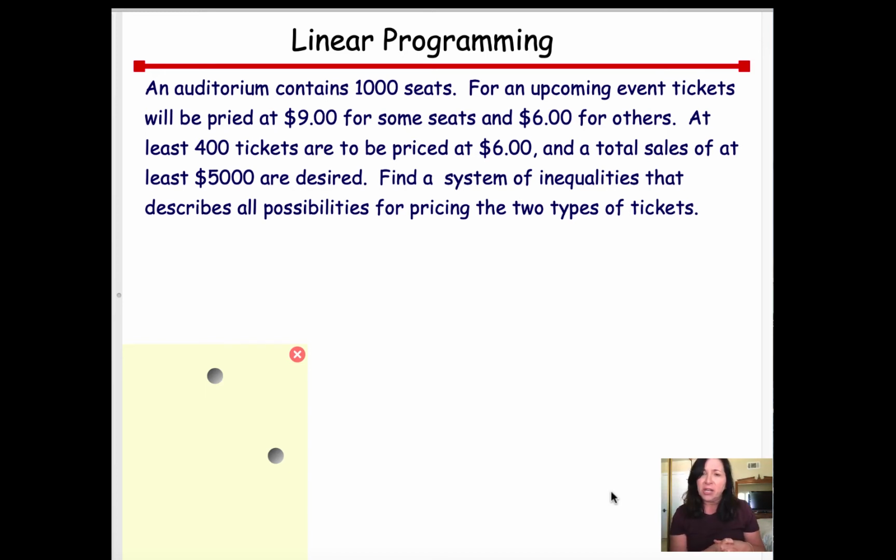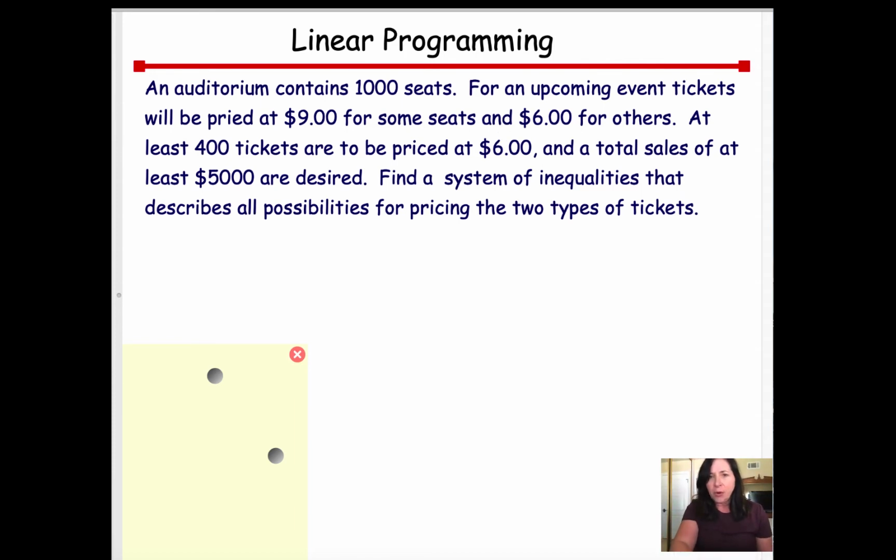Find a system of inequalities that describes all the different possibilities for pricing the two types of tickets. Definitely, I would turn the video off for just a minute and write down everything that you think you know about this problem, and then check your answer, because your job is to write a system of inequalities. I'm not asking you to graph it, but I am asking you to write it out.